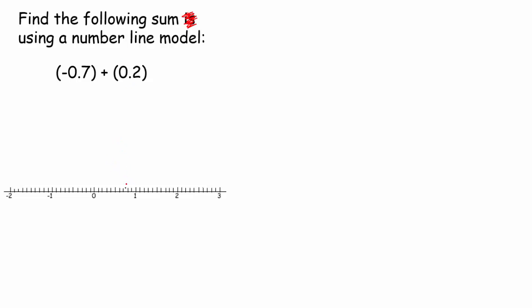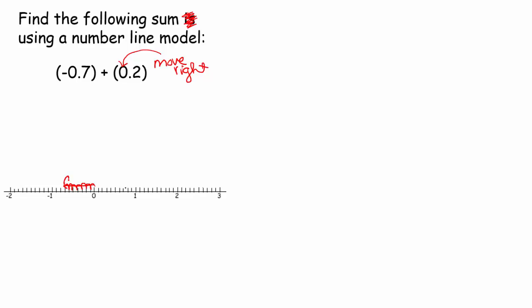So first of all, I start at 0 and I go over to negative 7 tenths. Let's see if that's it. 1, 2, 3, 4, 5, 6, 7. Yep. So we went over to negative 7 tenths. We're adding a positive. If you're adding a positive, you know you have to move back to the right. How much back to the right? 2 tenths.